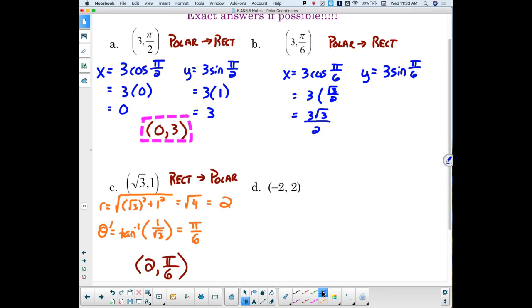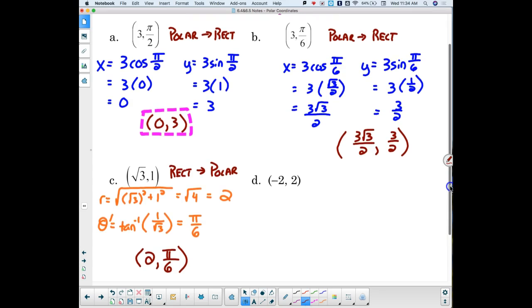So that's going to be 3 times 1/2, which is 3/2. So my rectangular point would be the point 3 square roots of 3 over 2, comma, 3/2. Agree? Okay. Definitely, and don't want to change that over into a decimal form.